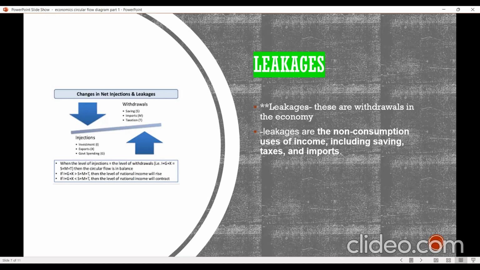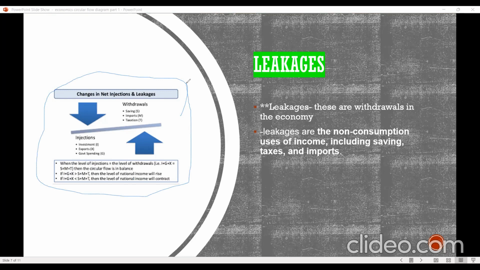Now, let us look at the other side, on how these leakages and these injections affect the national income.